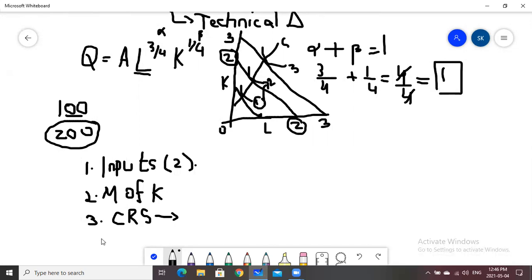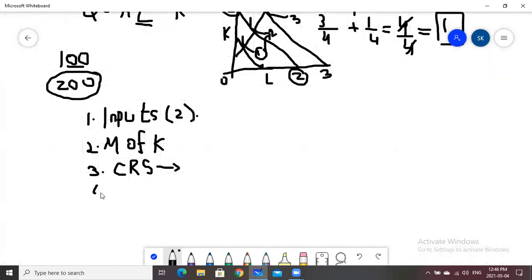The fourth criticism is about substitution. The Cobb-Douglas production function is based on the assumption of substitutability of factors, and it neglects the complementarity of factors. In the Cobb-Douglas production function, we study the substitution of one factor for the other, but we neglect the complementarity of the factors, that is, how much one factor is complementing the use of the other factor.